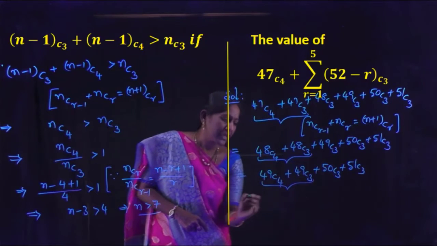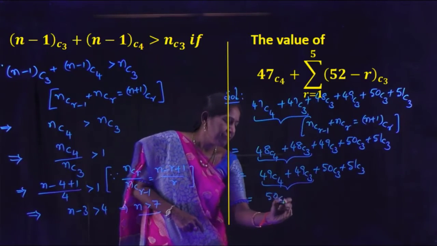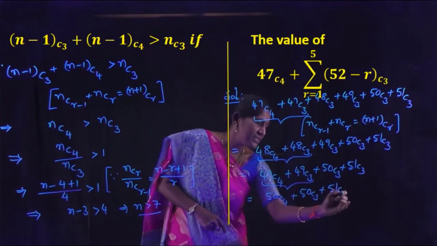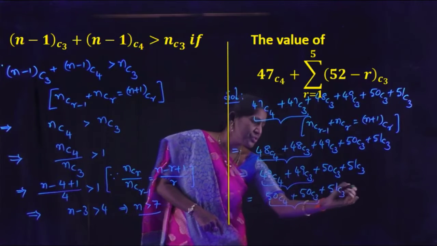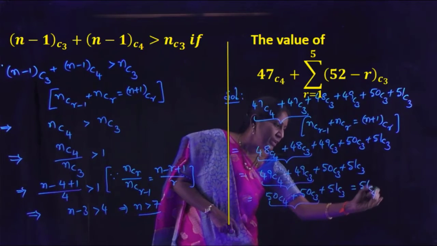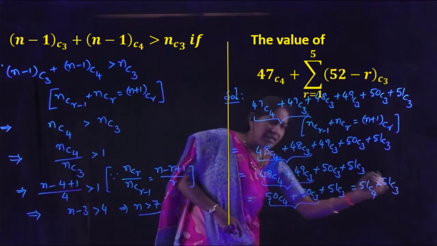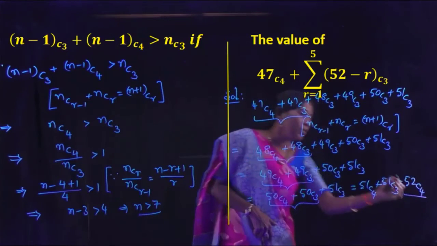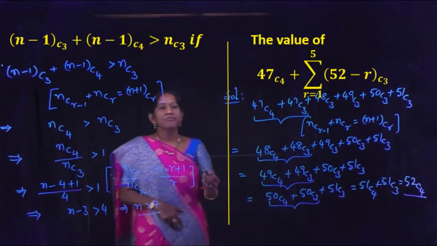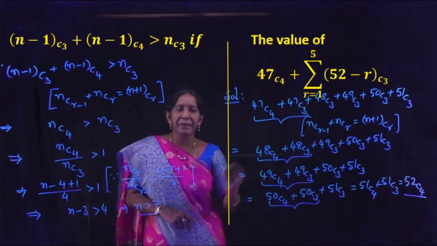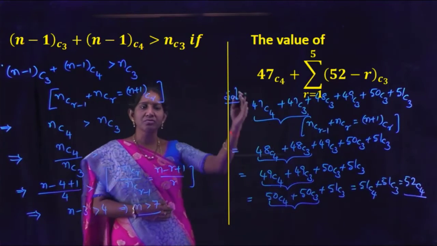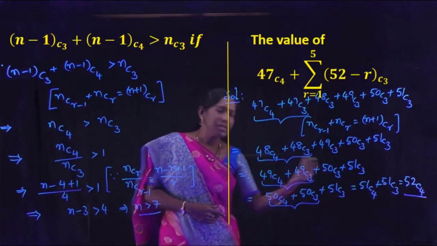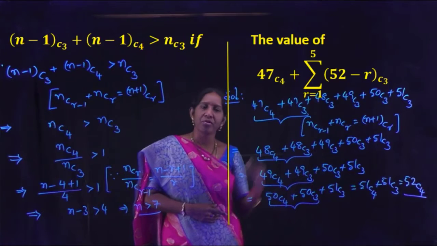For these two we can apply the same formula: 50C4 plus 50C3 plus 51C3. Then for these two, 51C4 will come plus 51C3. Then the value becomes 52C4. Therefore, 47C4 plus sigma r equal to 1 to 5, (52 minus r)C3, that is 52C4.